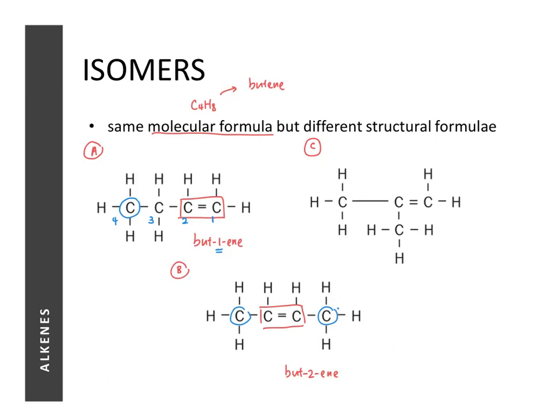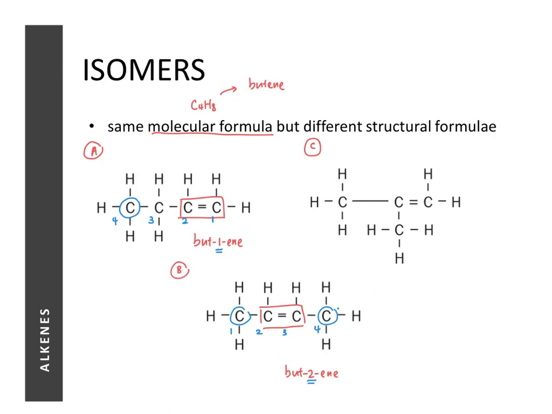Let's look at structure B. Now for structure B, there's no difference whether you start numbering from the left or the right, because you end up with the same set of numbers 1, 2, 3, 4. Now your carbon-carbon double bond is across carbon 2 and carbon 3. Again, we pick the smaller of the two numbers, we call it but-2-ene.